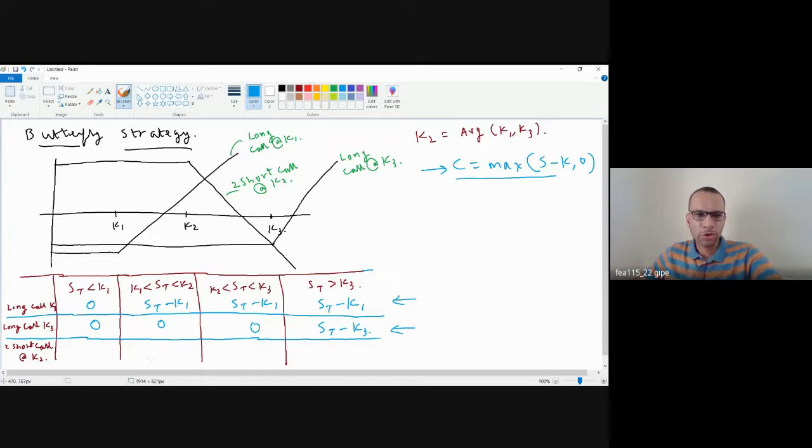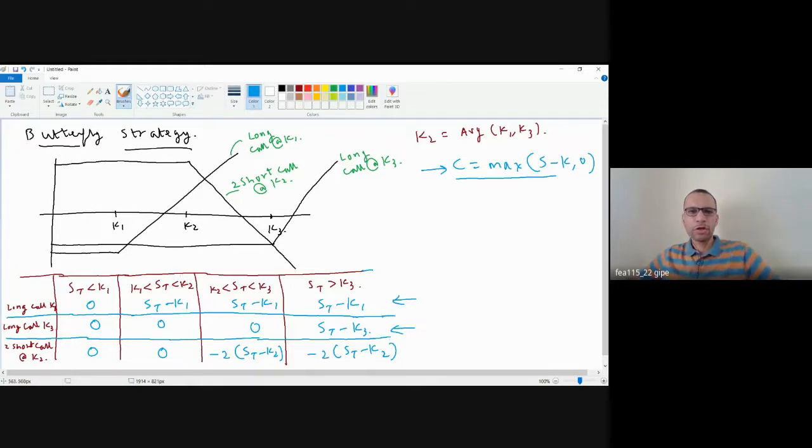And two short calls at K2. So the first thing will remain 0. Second will be 0 as well. Third will be minus 2 of ST minus K2. And again, minus 2 of ST minus K2.